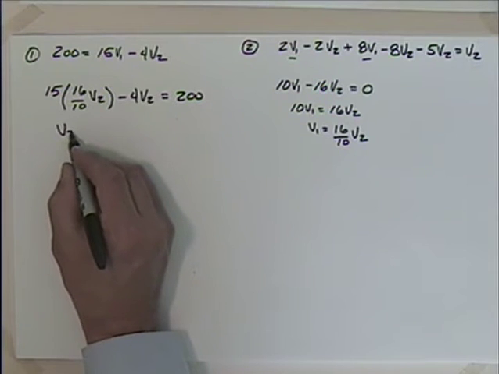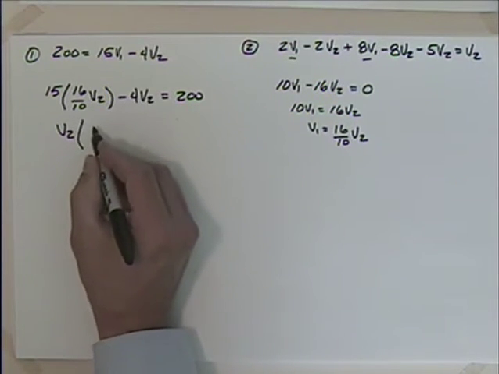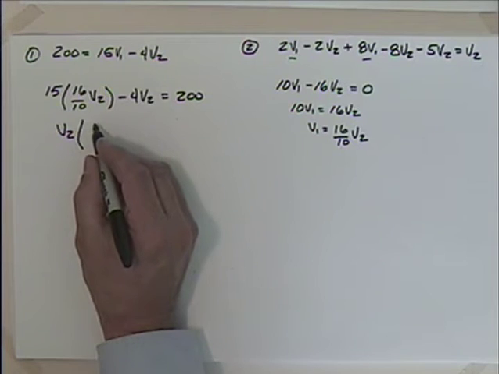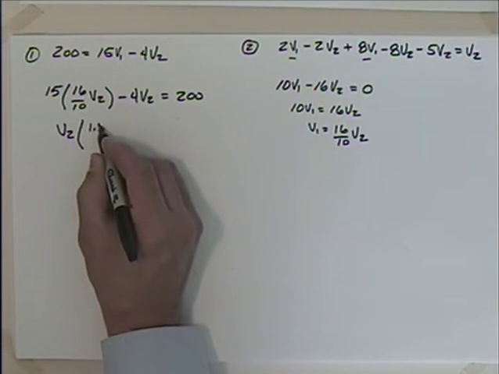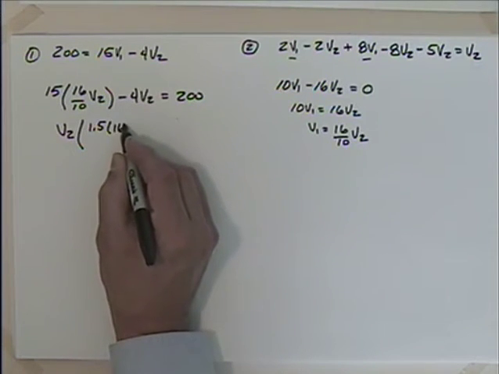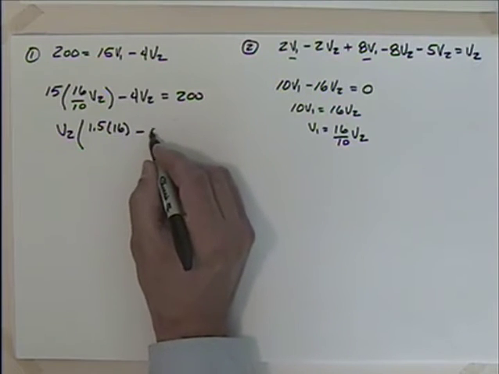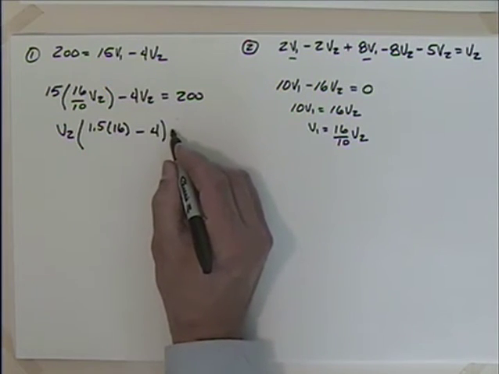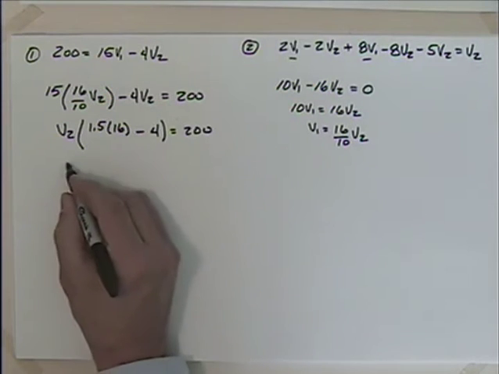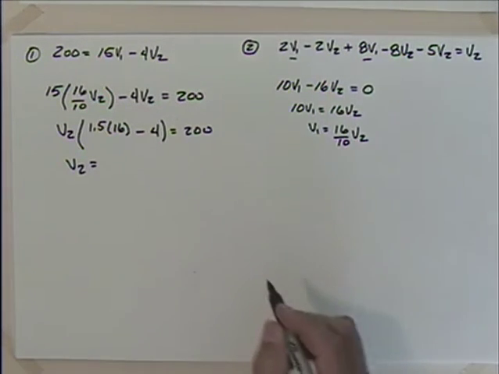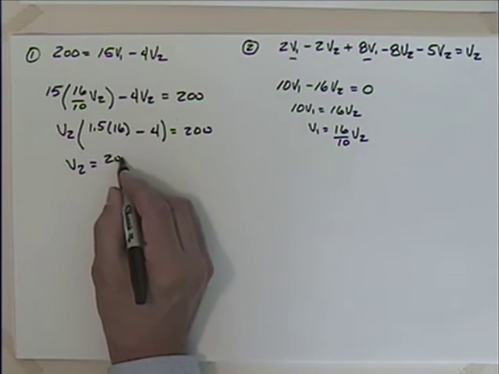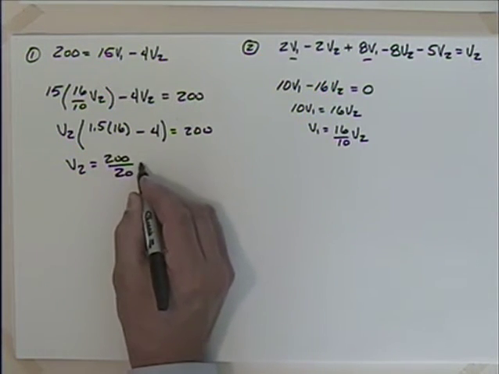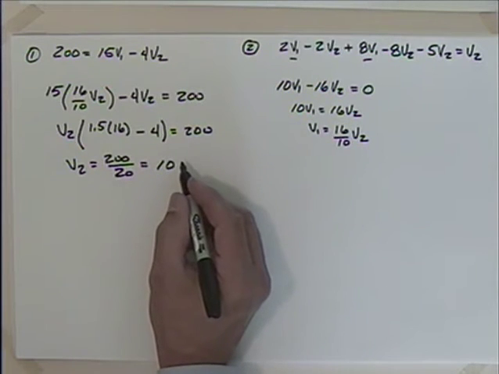I've got V2 times 15 times 16. I could say it was what? 15 over 10 is 1.5 times 16 minus 4, which is equal to 20. So 200 divided by 20 gives me 10 volts.